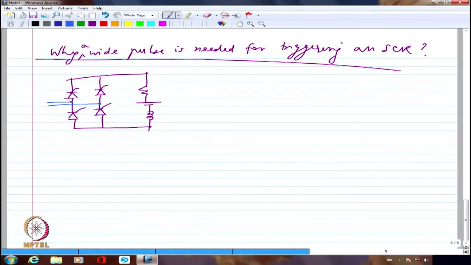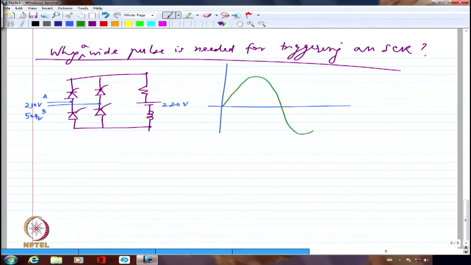So here, let us say, a 220 volts battery. If I am drawing the waveform, I should show it somewhat like this. The peak will be 230 multiplied by root 2, which is 325 volts.